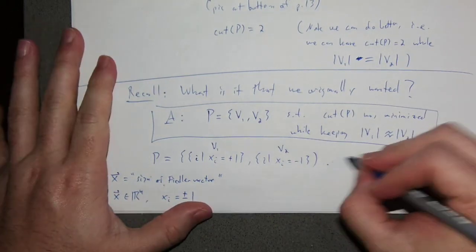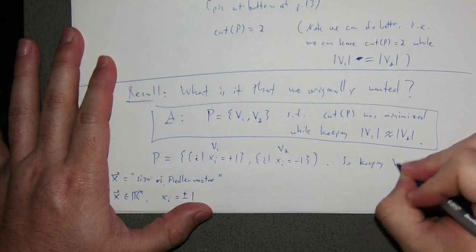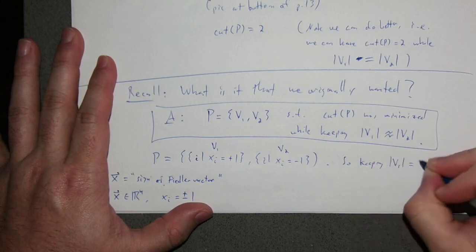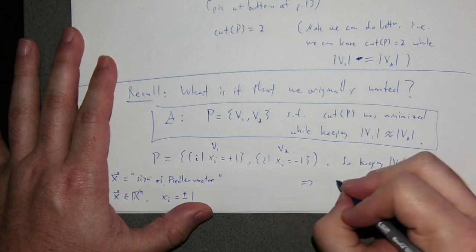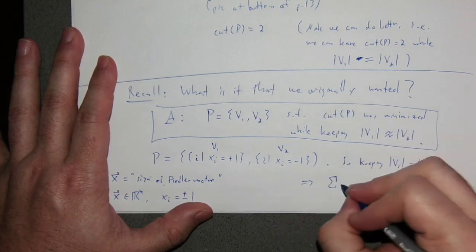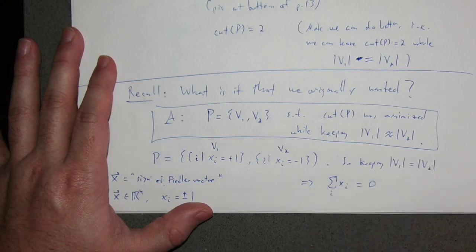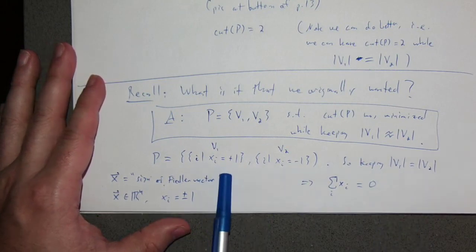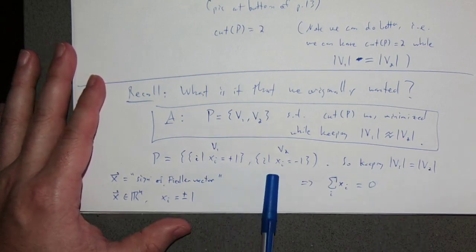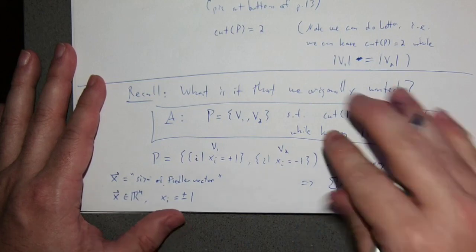So keeping the size of V1 equal to the size of V2 implies that the sum of all the x sub I's over I is equal to 0. Because if they have the exact same size, then there's going to be the same number of plus 1s as minus 1s, so summing them all together, you're going to get 0.